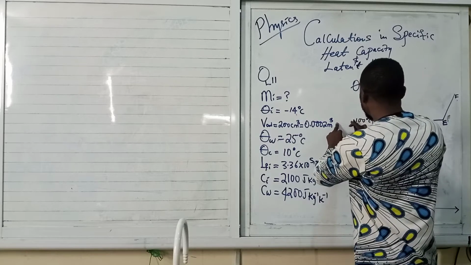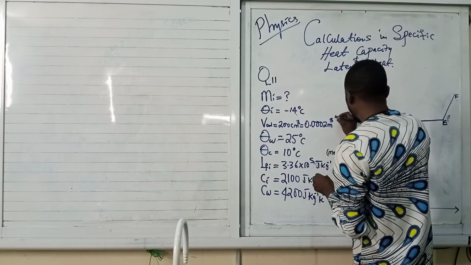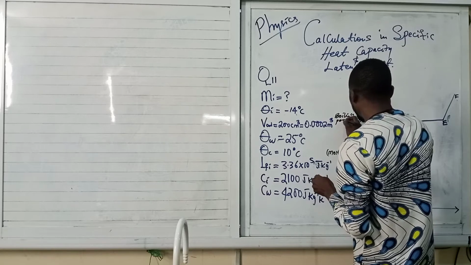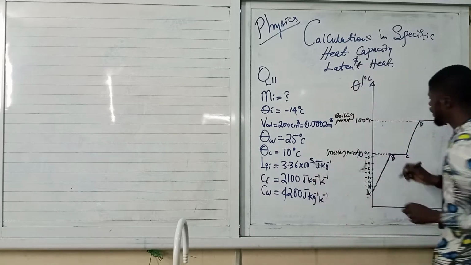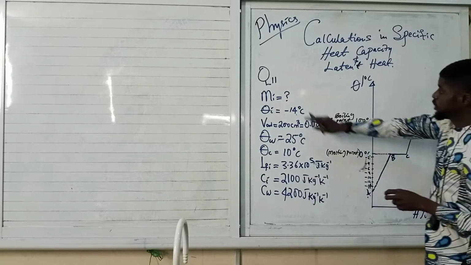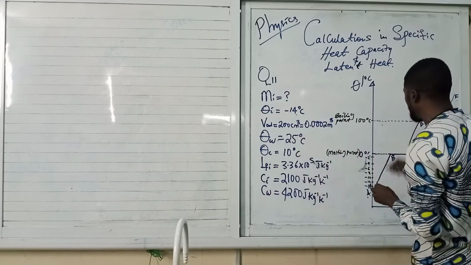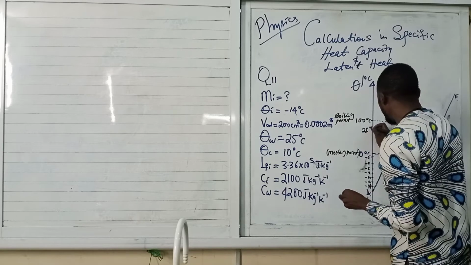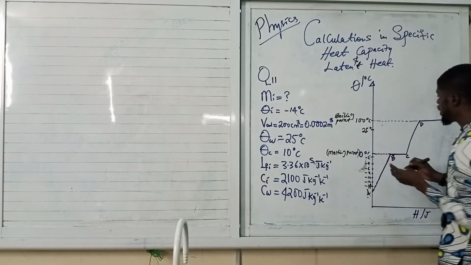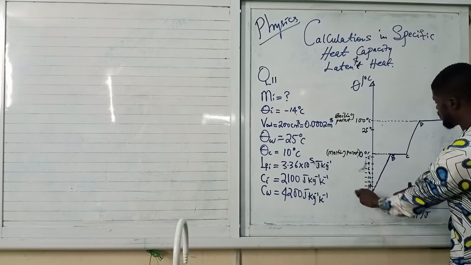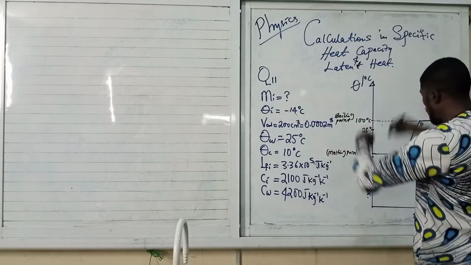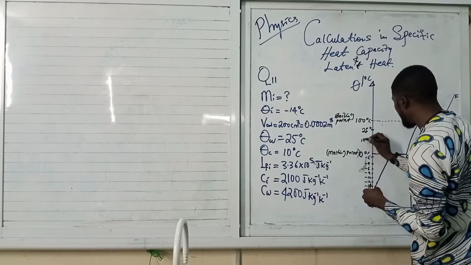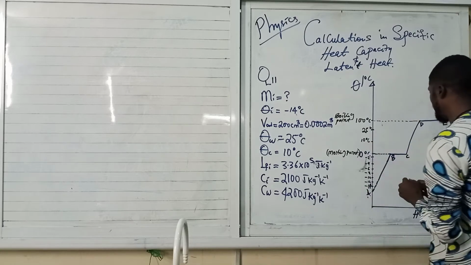I will call this point the boiling point, the boiling point of water. But then the orange drink was at 25°C, somewhere here. And then when ice at this level was dropped into it, it cooled down from 25°C down to 10°C. That's it.